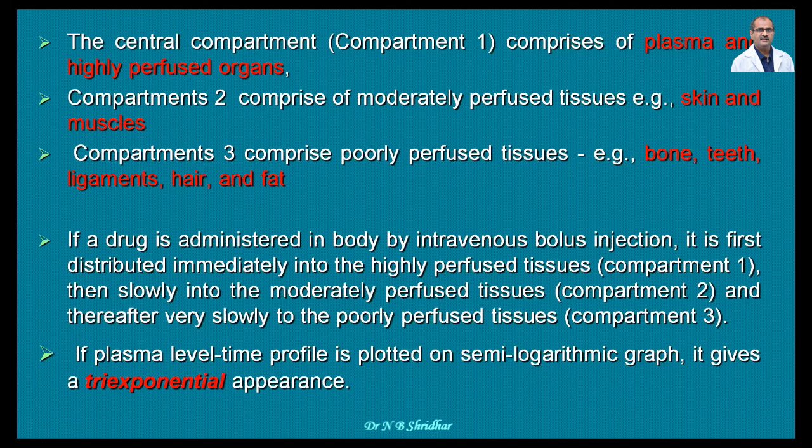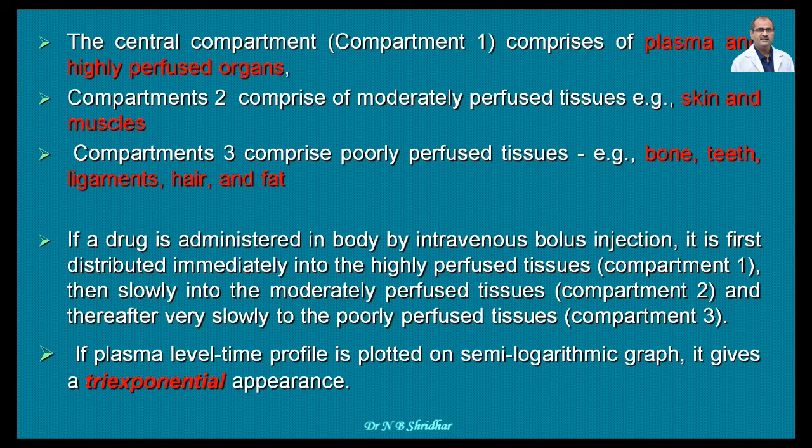That is compartment 1: kidney, liver, brain, etc., the highly perfused organs. Then it moves into the moderately perfused second compartment, like skin, bone and muscles, and thereafter very slowly to the poorly perfused tissues. As time increases, it is also distributed to the third compartment.